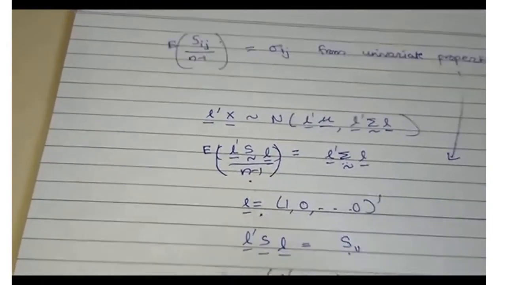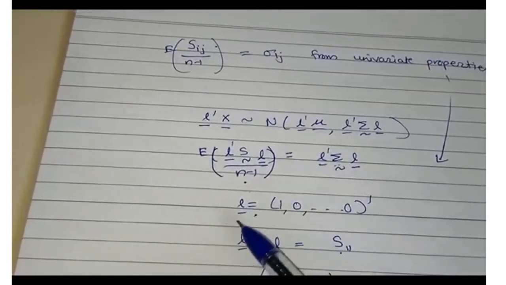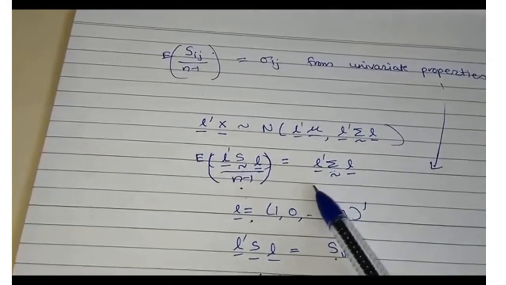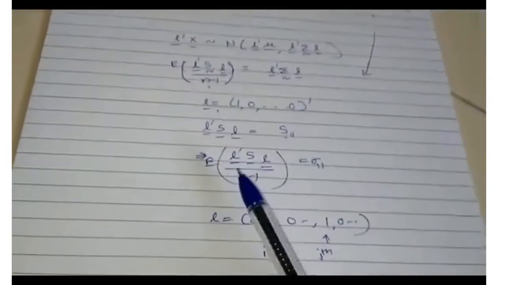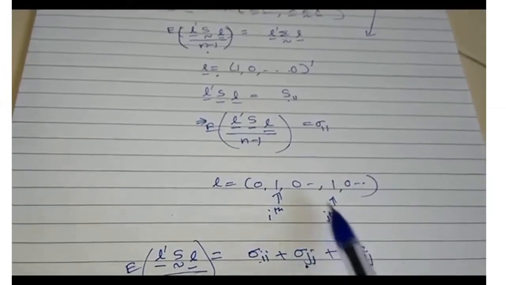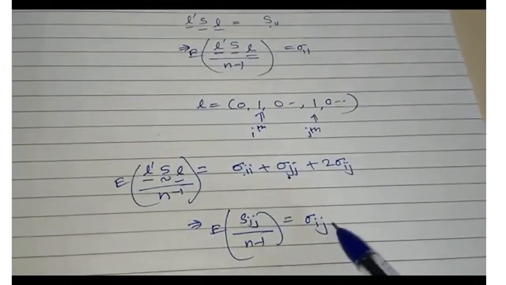By substituting different L's, taking L with 1 in the ith position or in the jth position, I can get unbiased estimates for sigma II and sigma JJ, and then taking L as having 1 in both the ith and jth positions, I can prove that Sij upon n minus 1 is an unbiased estimate for sigma ij.